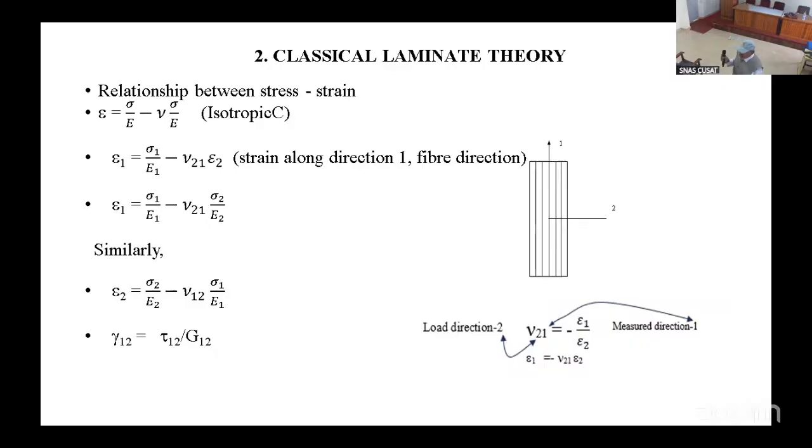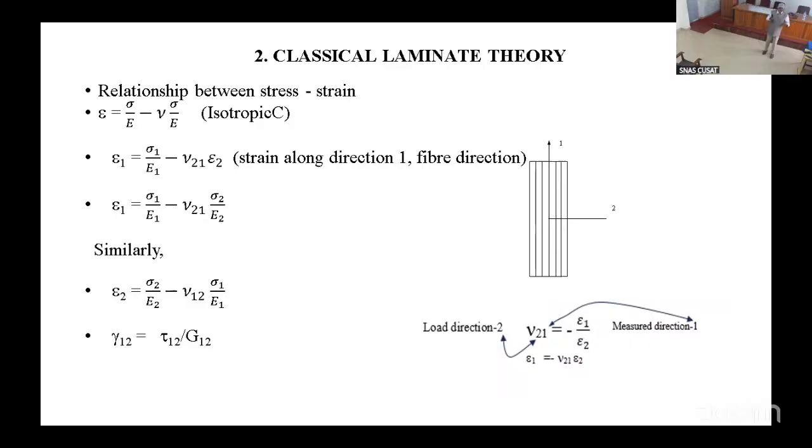So first, forget about the second term. If you forget about the second term, you get sigma 1 by E1, which everybody knows. Then what is the contribution of the other direction? When you pull, this will shrink.